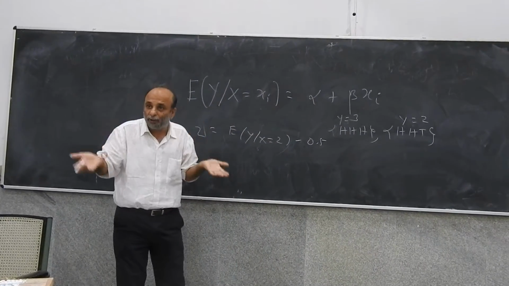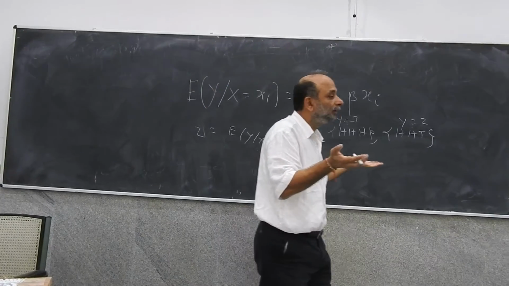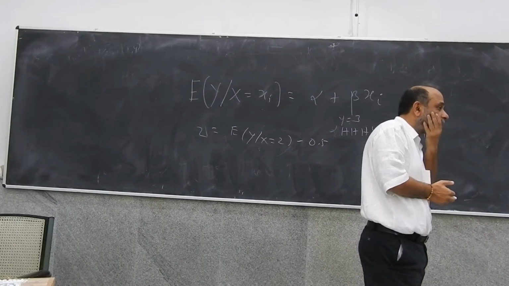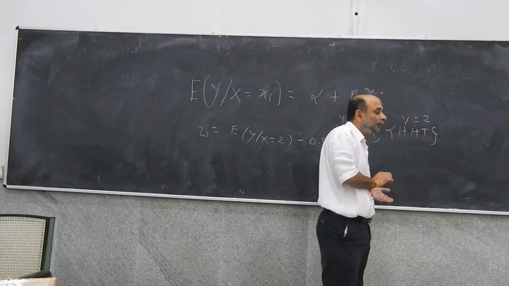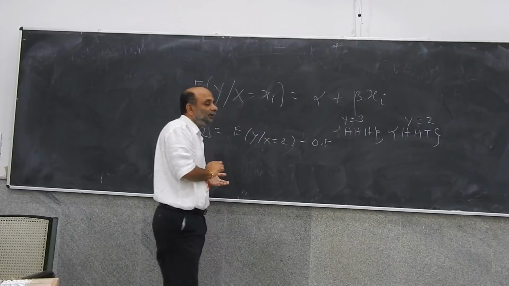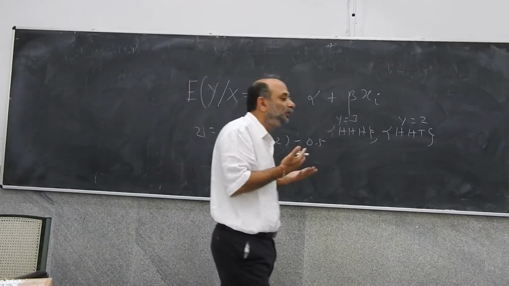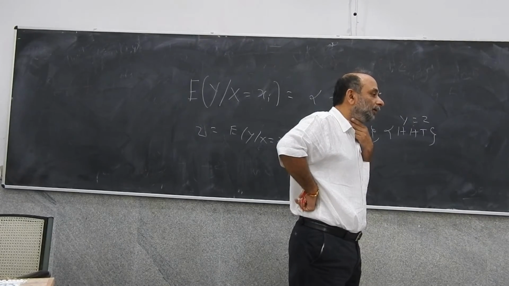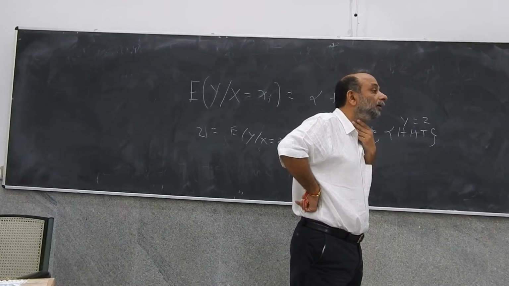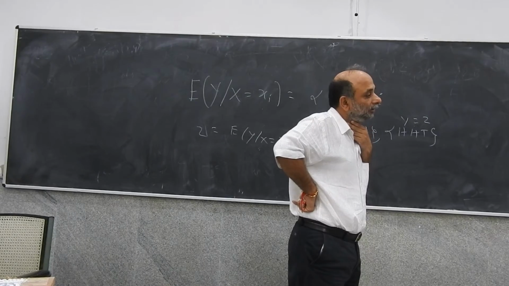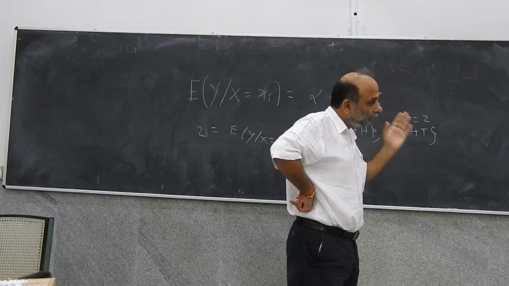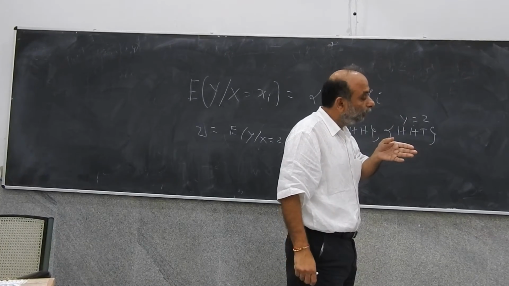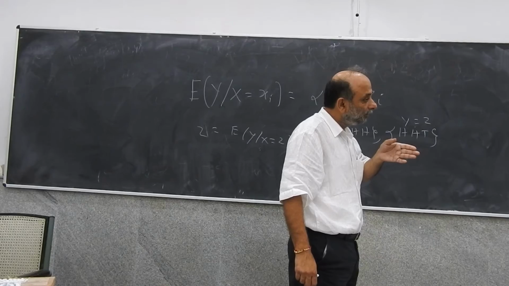3 into 0.5 plus 2 into 0.5. What is that number? Do it on a piece of paper. 3 into 0.5 is just 1.5. 2 into 0.5 is just 1.